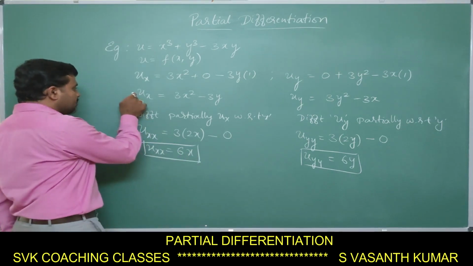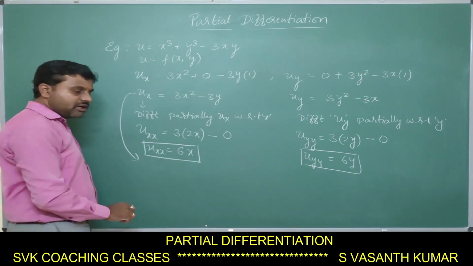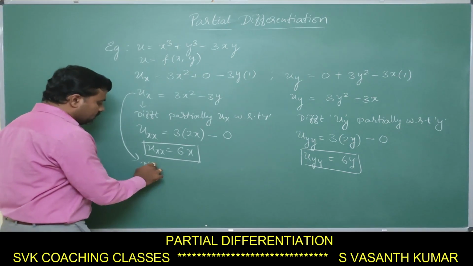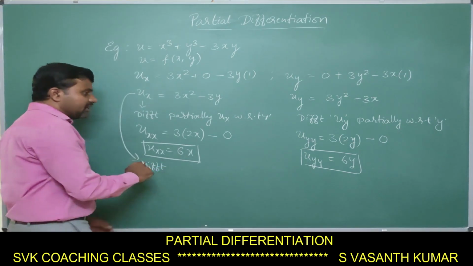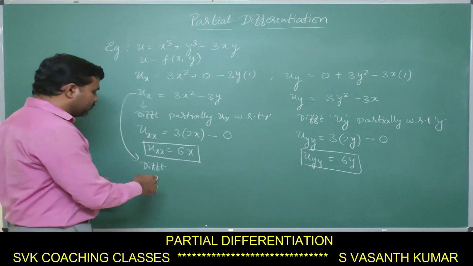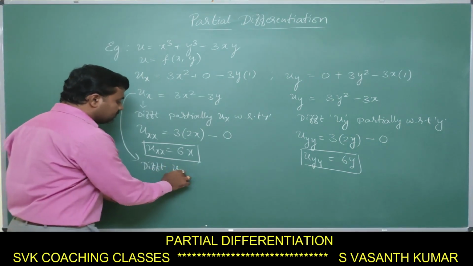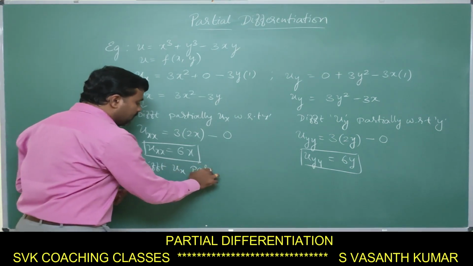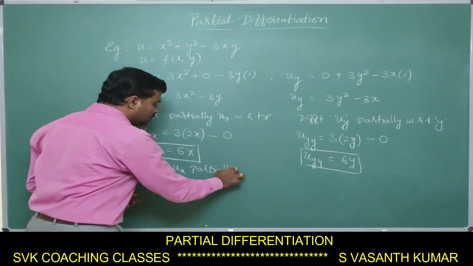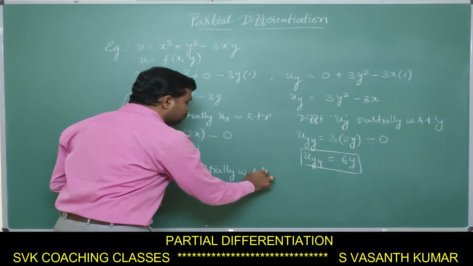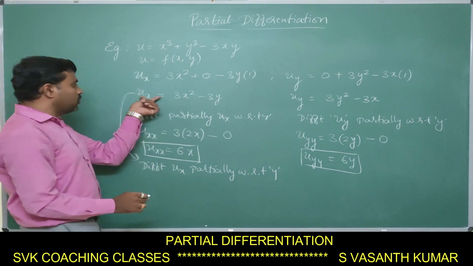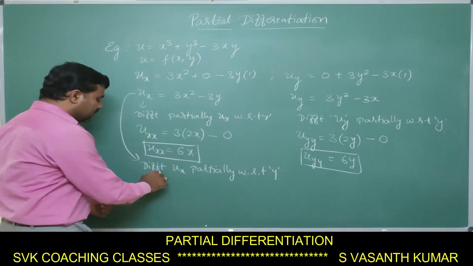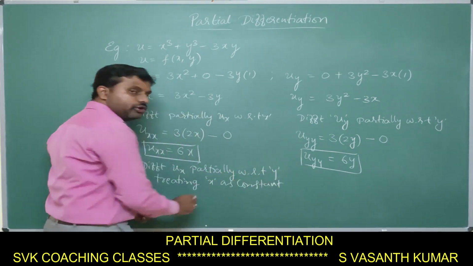Now let us see the mixed partial derivative. Differentiate ux partially with respect to y. As I am differentiating ux with respect to y, treating x as constant, what am I going to get here?